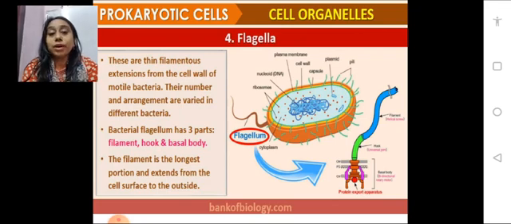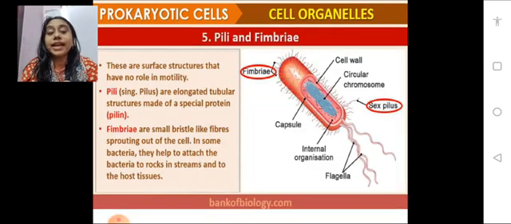Then we came to know about two more structural parts of the prokaryotic cell. The flagella. Flagella help in movement of the prokaryotic cell. Then pili and fimbriae. Pili and fimbriae are very short, fine hair-like extensions. These pili and fimbriae help in binding the bacteria to any substratum or to another bacteria.